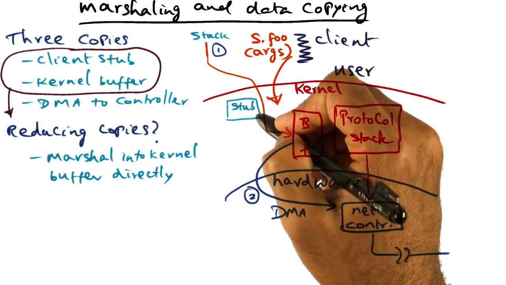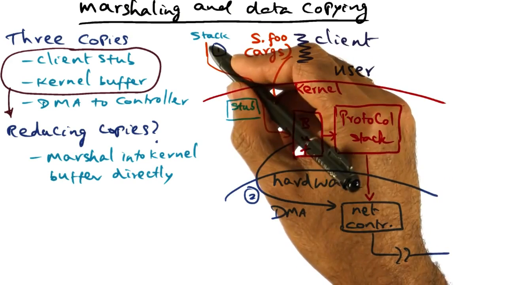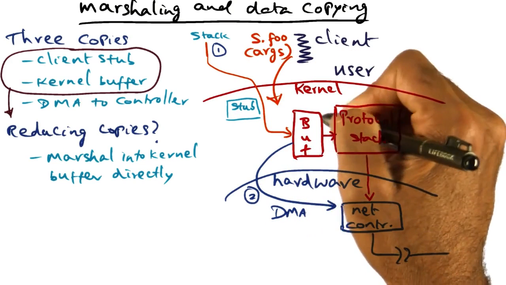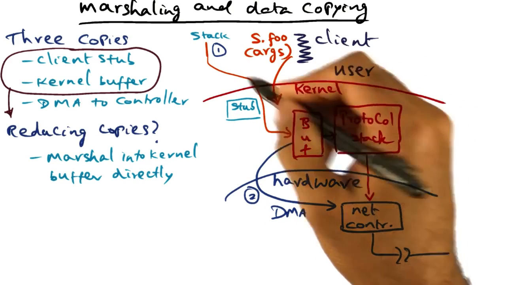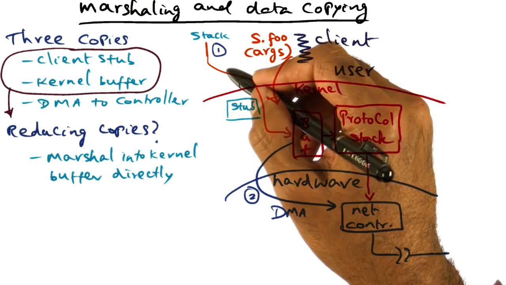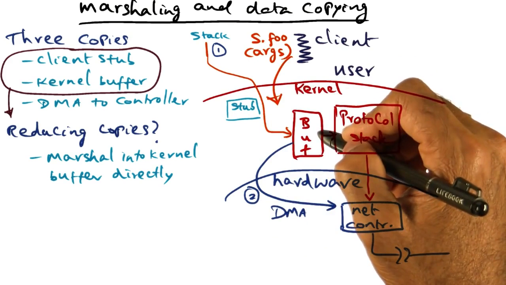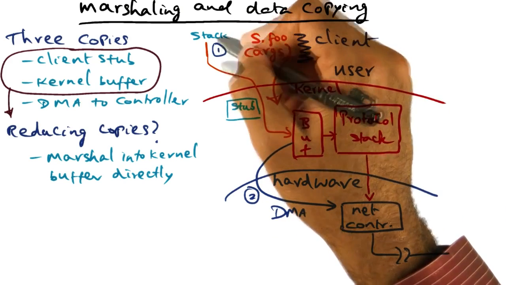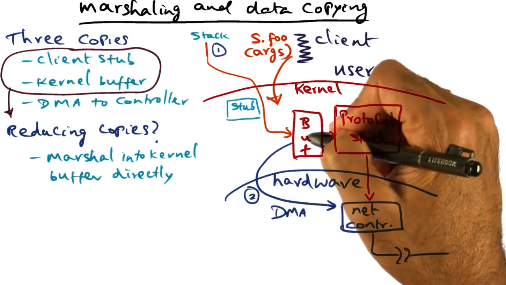If you can move it into the kernel, then from the stack, the stub can directly marshal it into the kernel buffer. And so that intermediate copy that we had here, creating an RPC message and copying it again into the kernel buffer, is avoided if the stub can directly work on the stack and write it into the kernel memory.